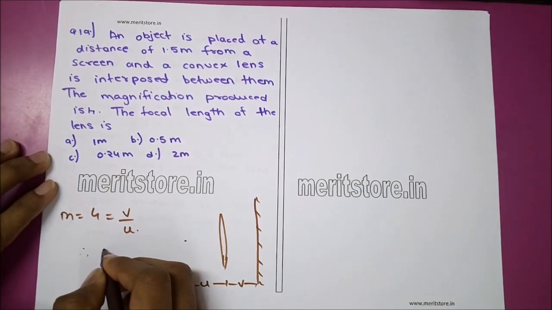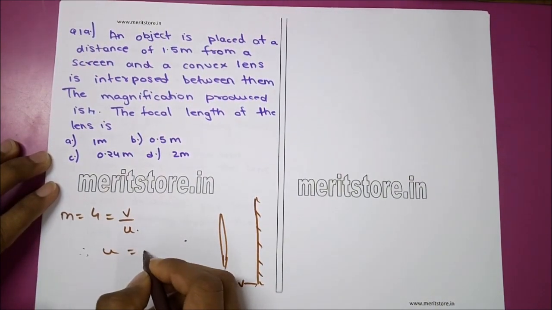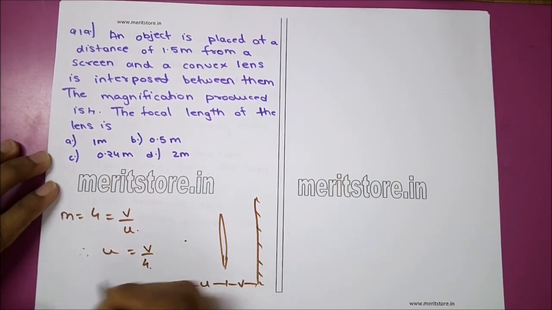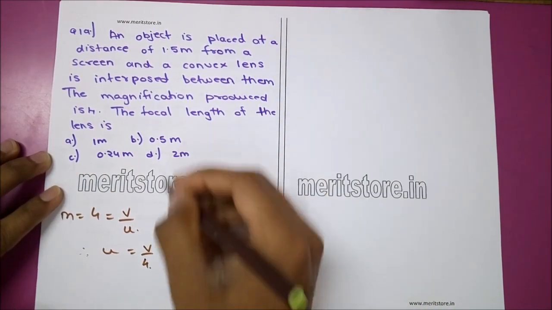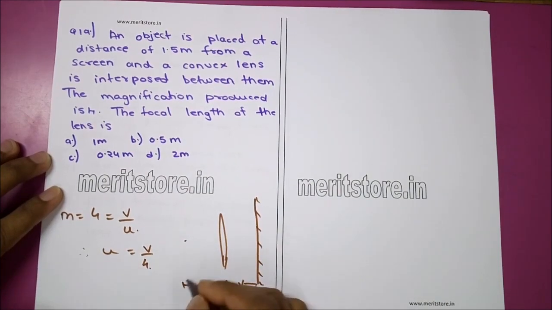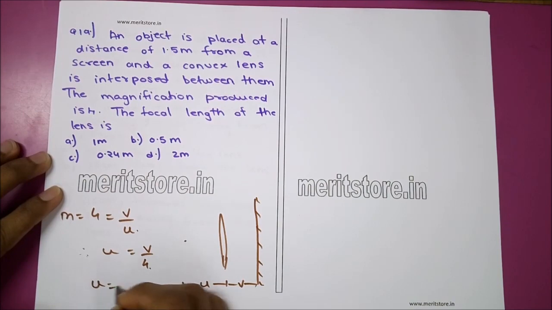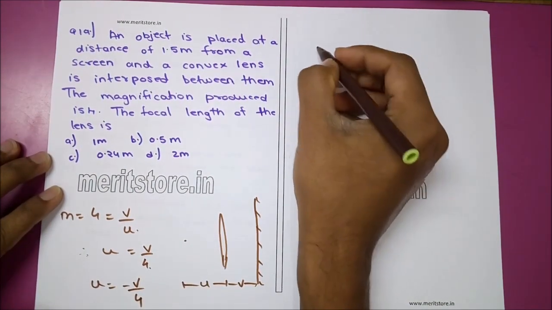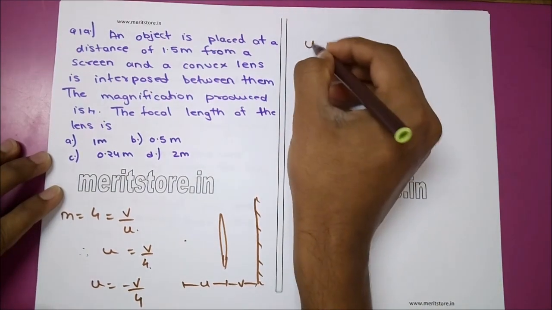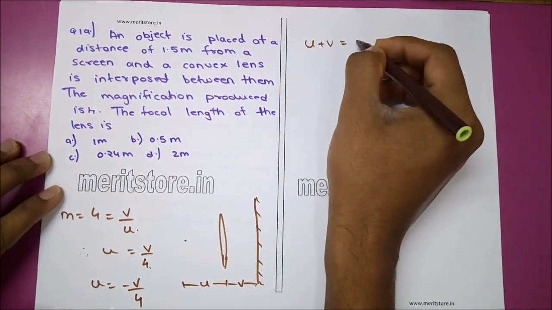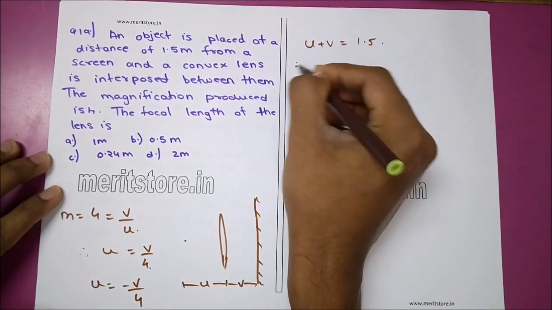So therefore u is equal to v upon 4. But since u is on the left of the lens, u can be considered as minus v by 4. Also u plus v is equal to 1.5 meters.